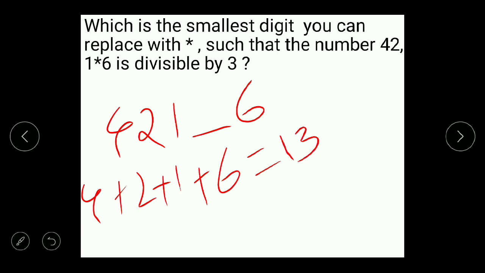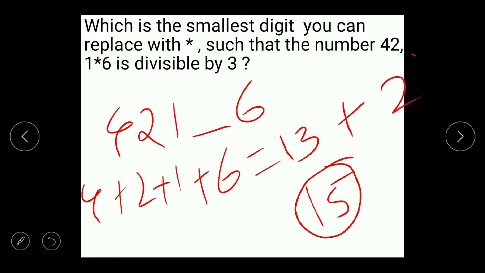So 13 is not a multiple of 3. After 13, the next multiple of 3 is 15, and 15 is divisible by 3. To get the sum 15, 13 plus 2 is 15.